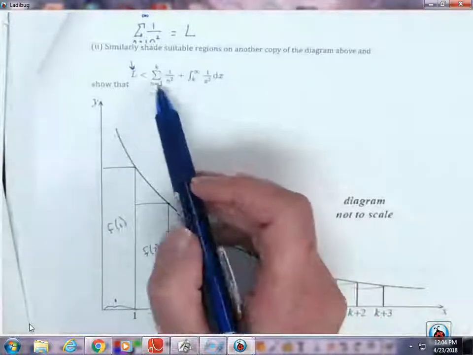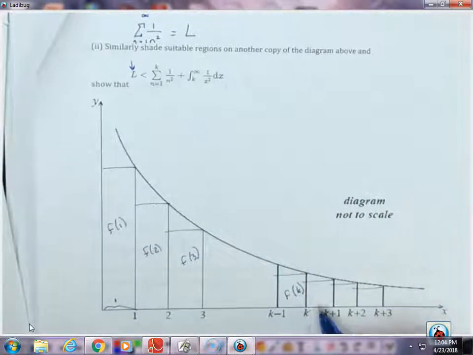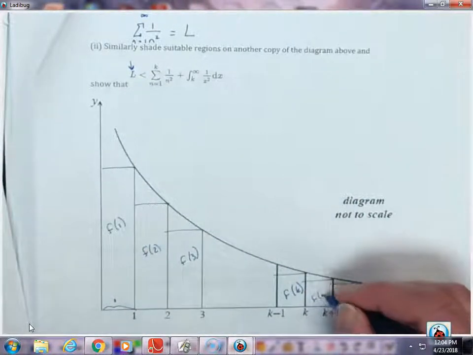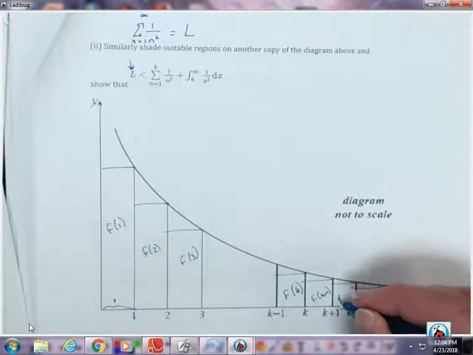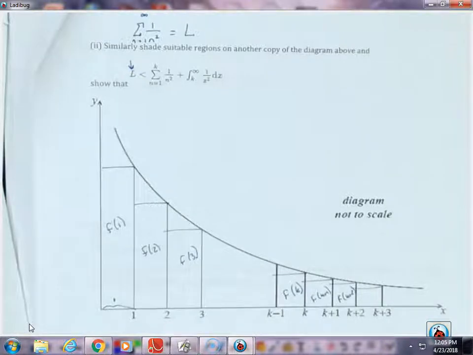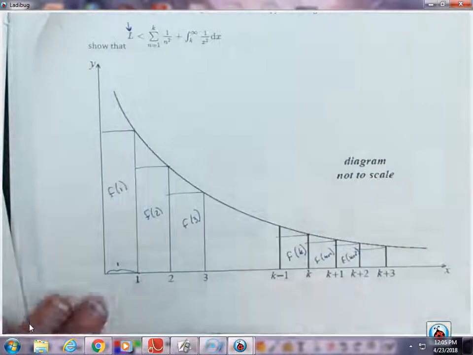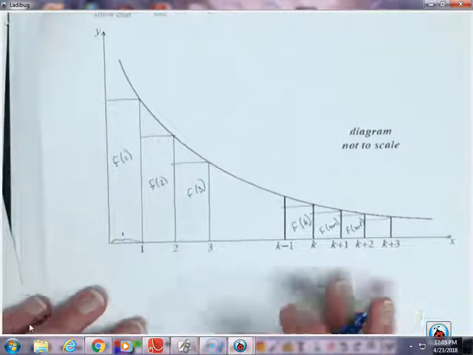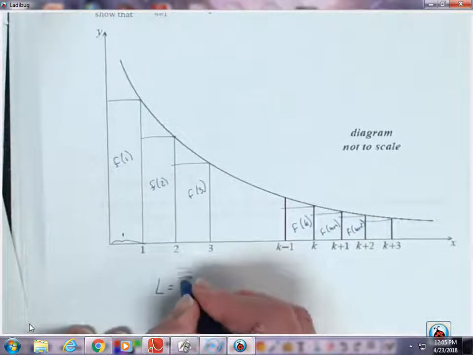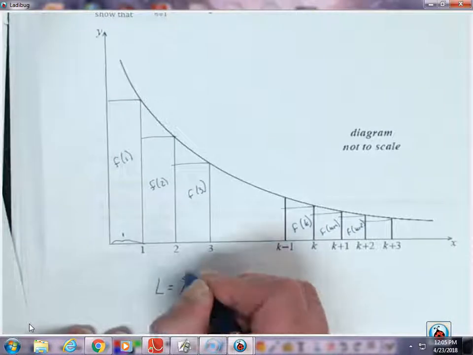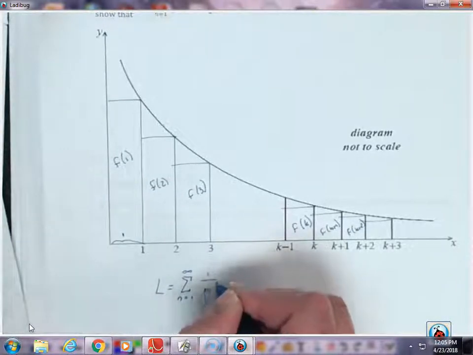That's usually my breaking point there. And then here, this would be f of k plus 1, f of k plus 2, and so on. So that's representing my sum. So what we're going to do is basically the same thing. Our limit is the same as, and they told us this, the sum from 1 to infinity of 1 over n squared.